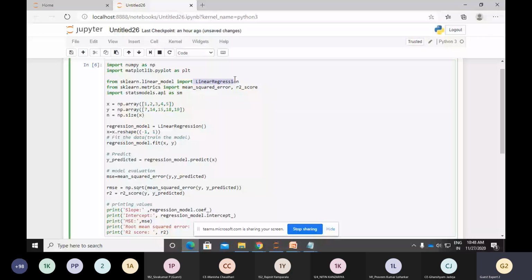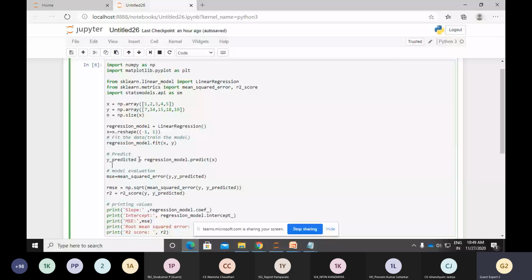I am using the same data set, and fit the regression model with dataset x and y. Then the predict function of that model is used to predict the value of y. So we have y predict. Now I can use them to find the errors.